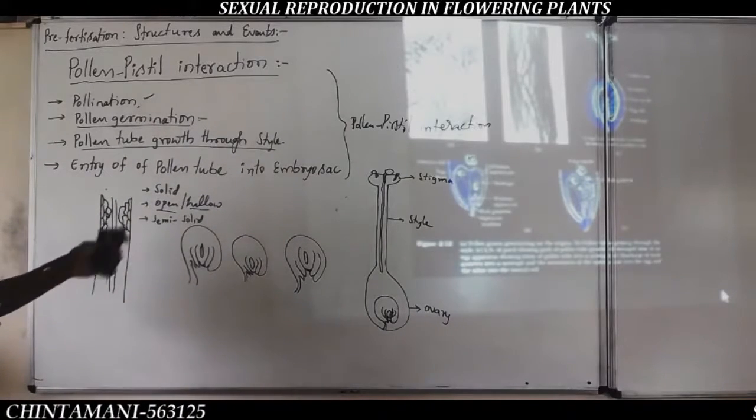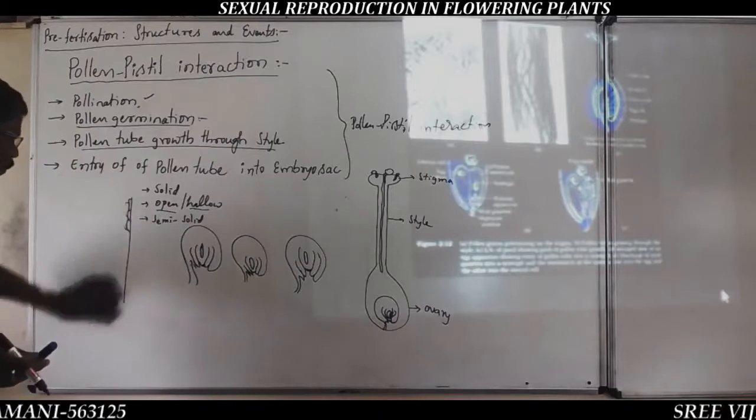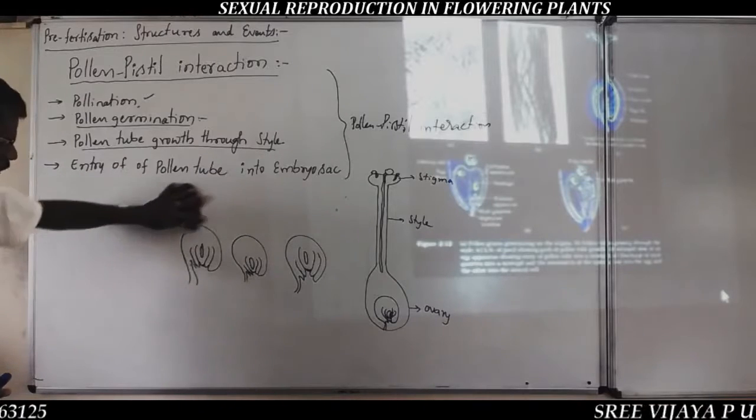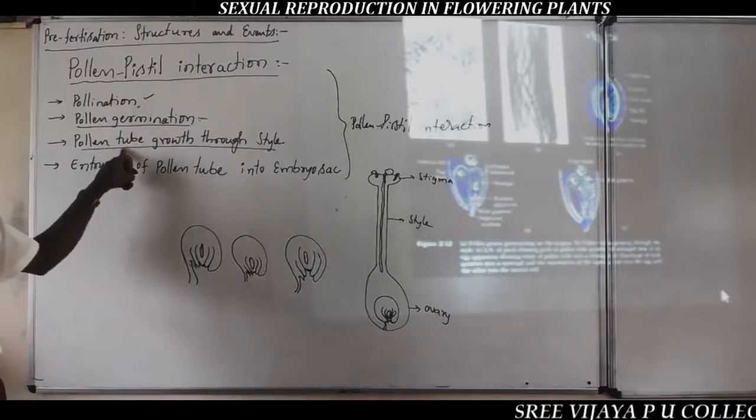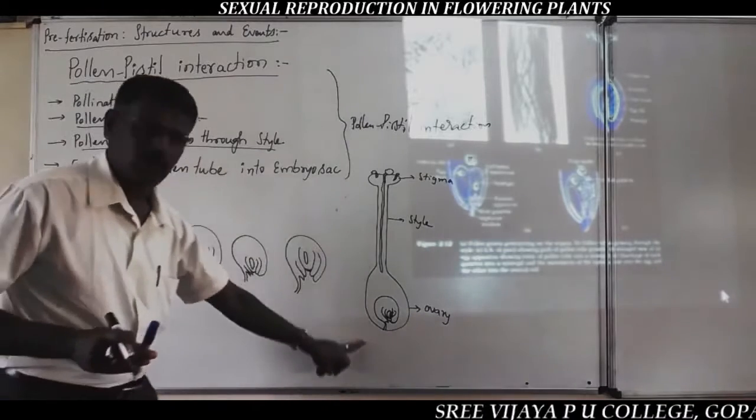Through any of these three types of styles, the pollen tube grows towards the ovary.